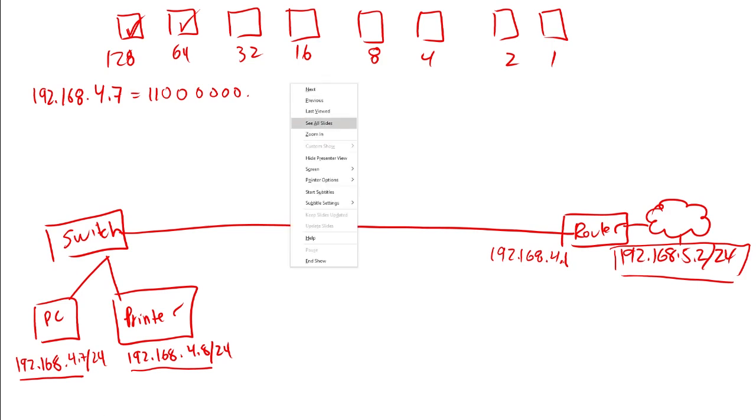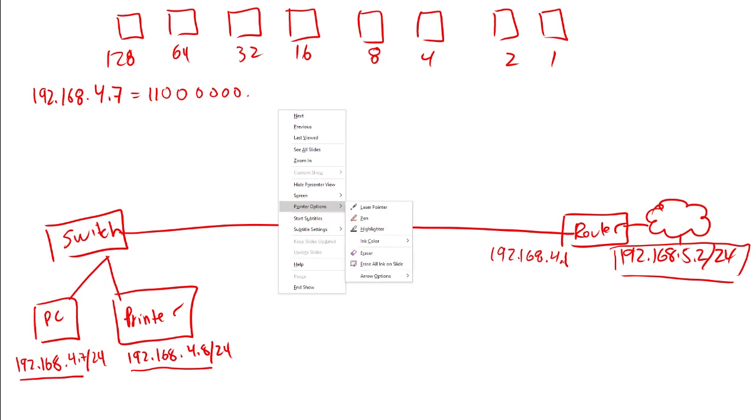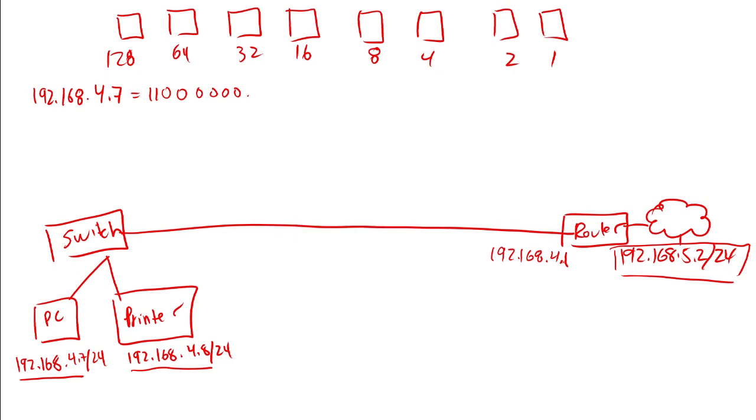So you can go 128. Now I can't add 64. If I add 32, I get 160, and then I just can't add 16, so I just add 8, and that's 168.